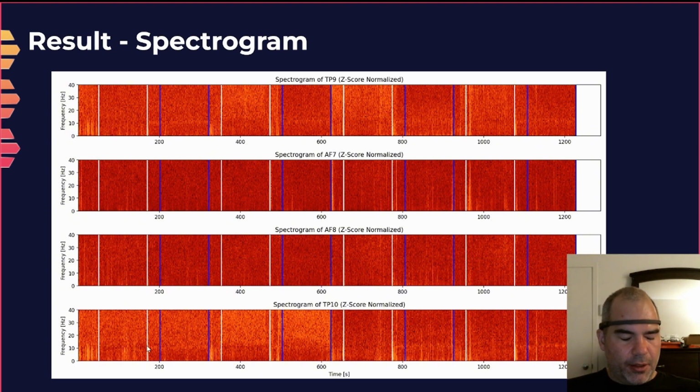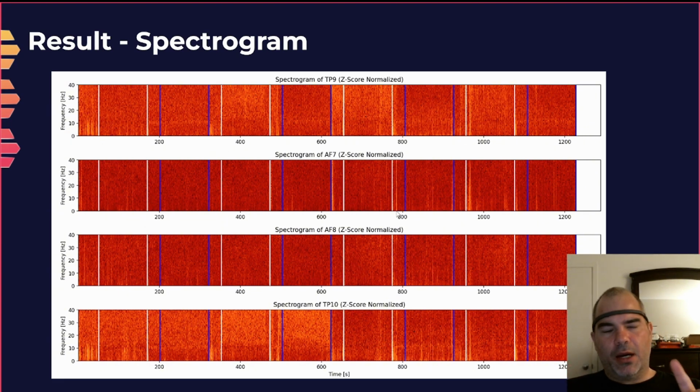And here, this is the right electrode, and again, we see it here. We see it here. We see it here. It almost seems like there's a few bursts that take place. But I think you'll agree that you almost have to believe me because it's so faint that it's not a solid demonstration of the alpha wave.